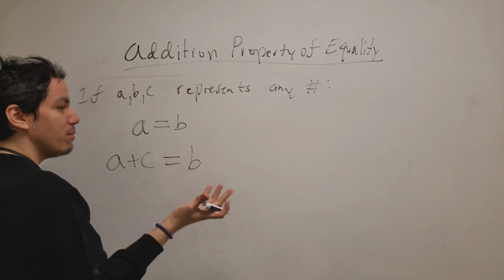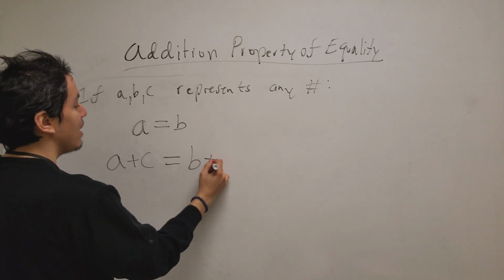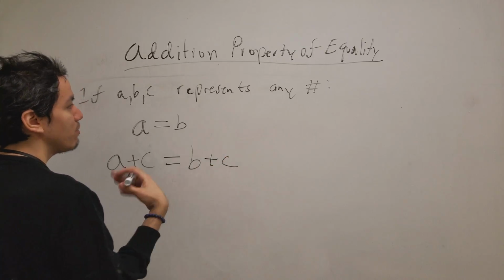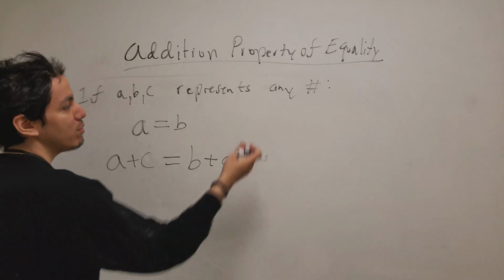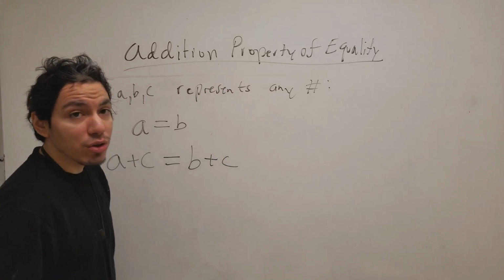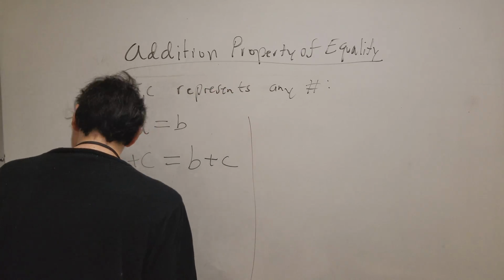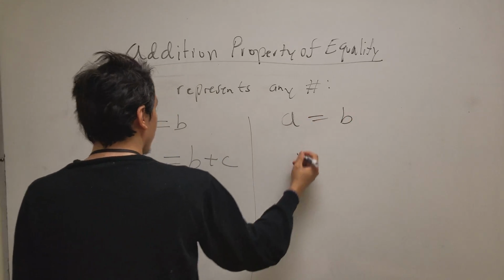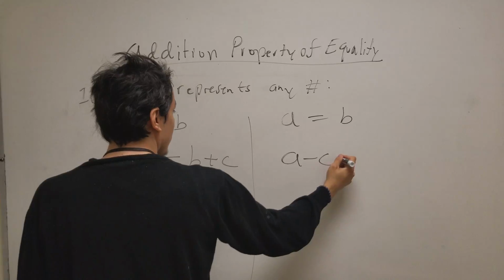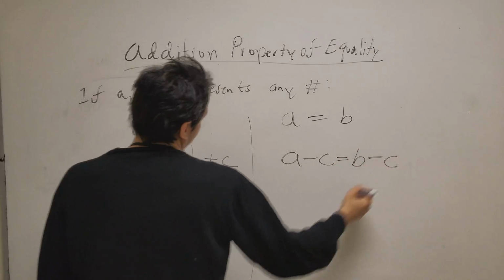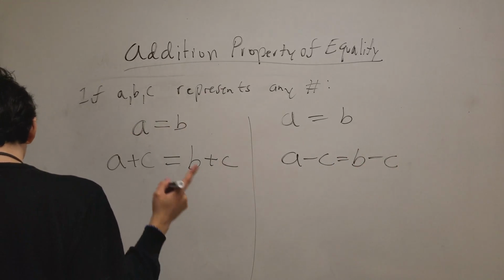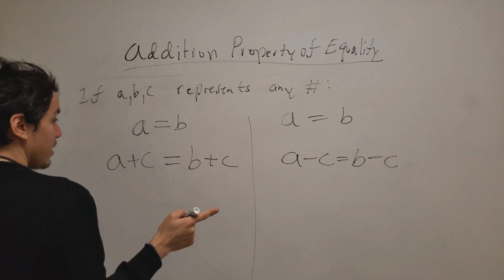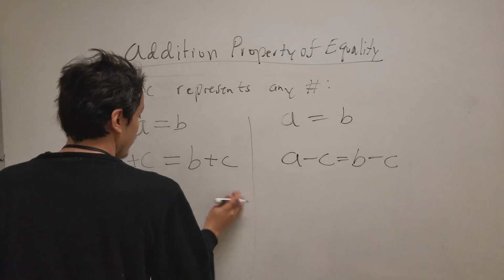So to keep balance, you have to add a C on the right side. That C can be any number you want it to be. The same property also applies to subtraction. So if I were to subtract C on one side, you have to make sure that it's the same on the other side. And a good example of this would be here.